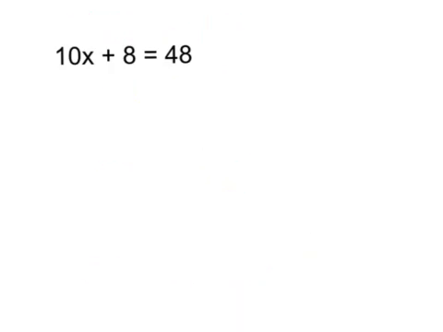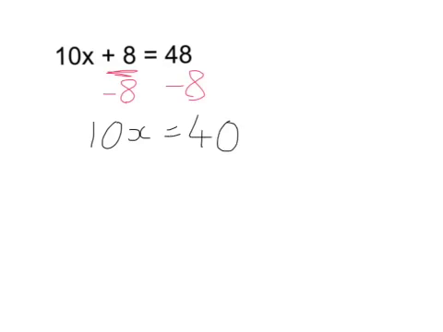Let's do this example together as well. So the first thing I need to do is to get rid of my plus 8. And I'm going to do that by taking 8 away from both sides. This will leave me with my 10x equals 40. Now I've got to get rid of that 10.